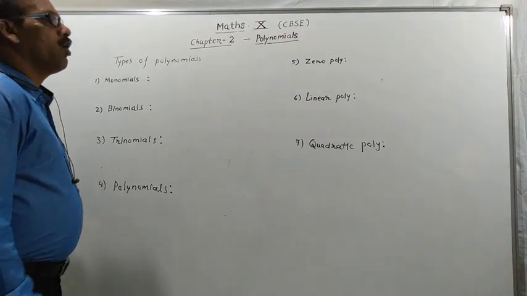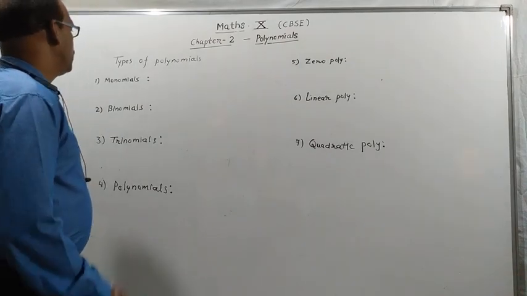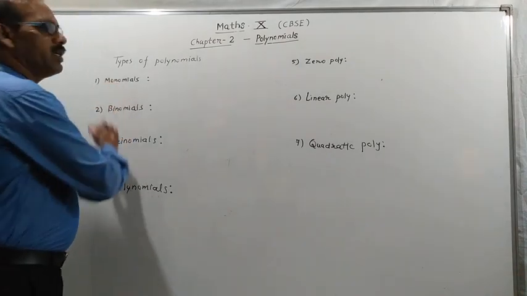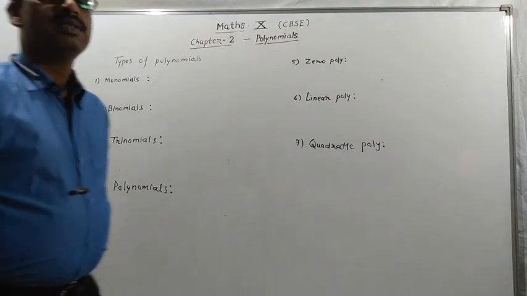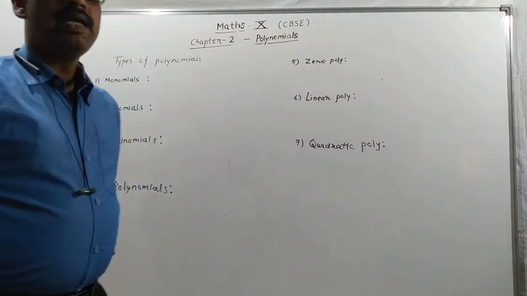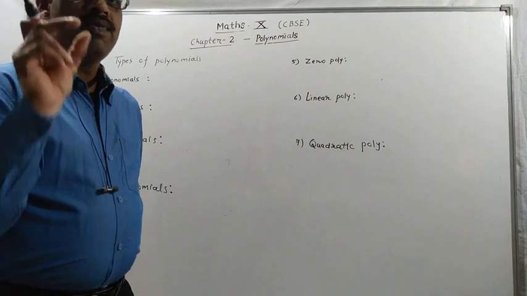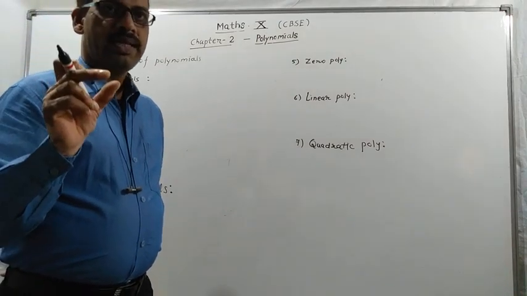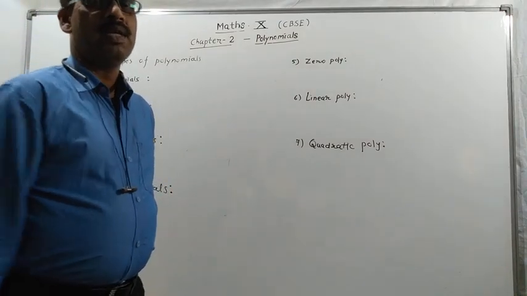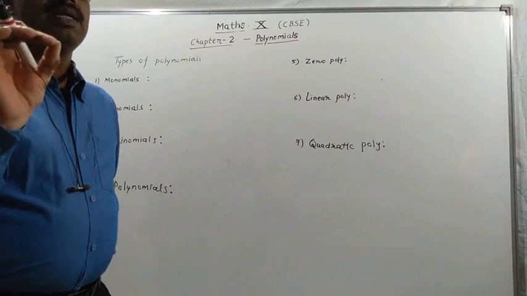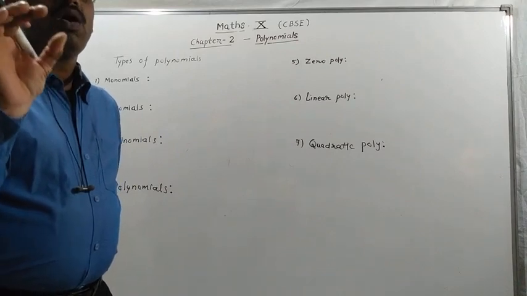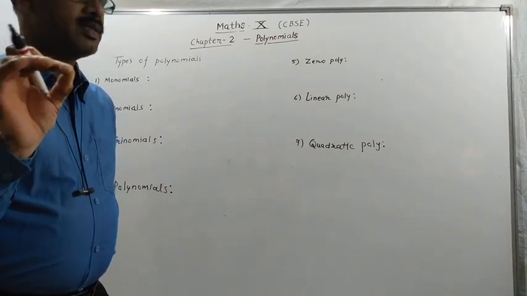The first type of polynomial is called a monomial. Mono means one. Any polynomial containing only one term is called a monomial. That one term may contain a single variable or a group of variables.